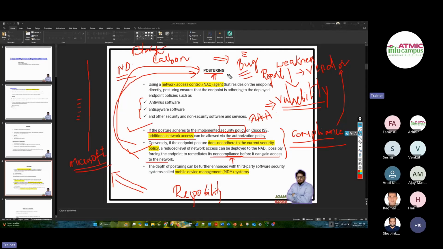It is not just ISE that does it, other third parties also do that. But you can integrate those software products in the form of MDM, mobile device management systems. The list of those and all of that, we can discuss later.